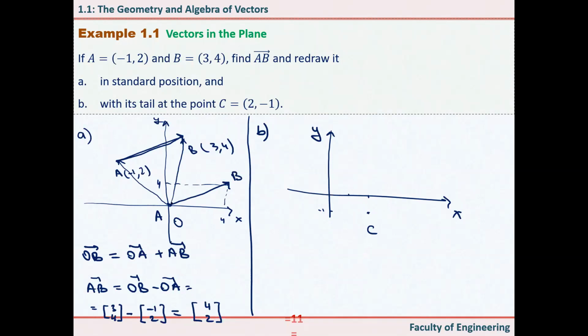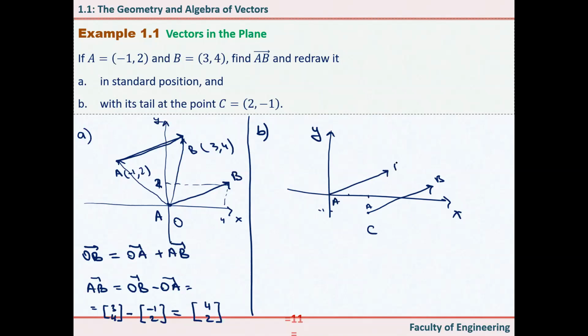And what are its coordinates? It is 4, 2. 4, 2 means 4 units to the right and 2 units up, right? 4 units and 2 units up, it will be somewhere here. So this will be our vector AB. In standard position, it is here, right?